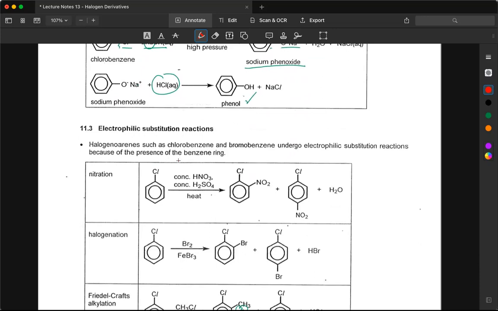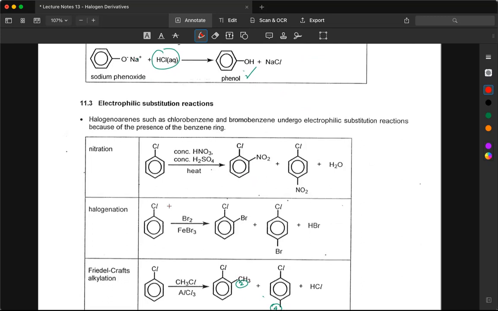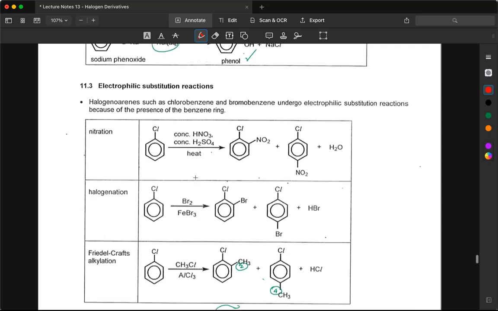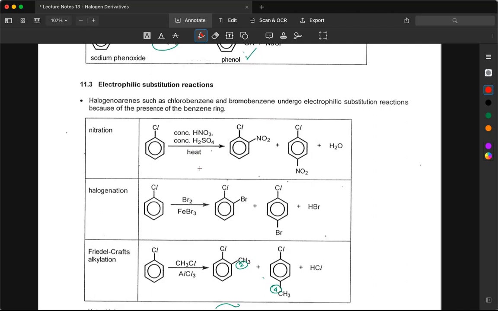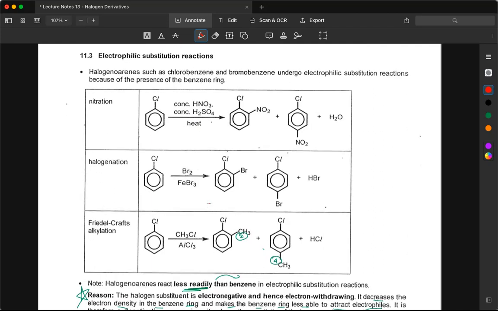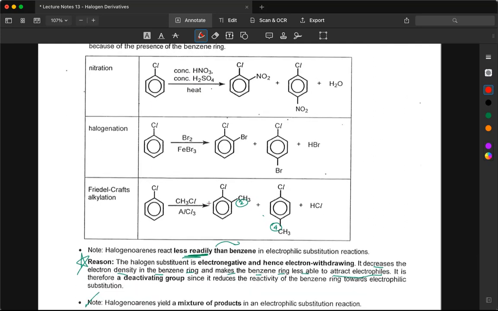Halogenoarenes such as chlorobenzene or bromobenzene undergo electrophilic substitution reactions because of the benzene ring, which we learned in the previous lesson. I will do the chemistry of benzene next time. Examples are nitration, halogenation, or Friedel-Crafts alkylation.